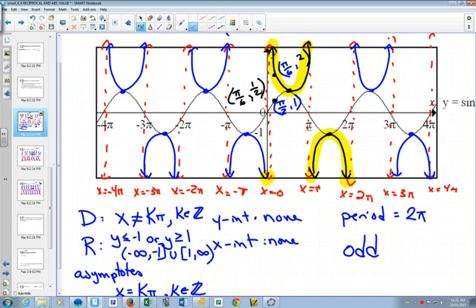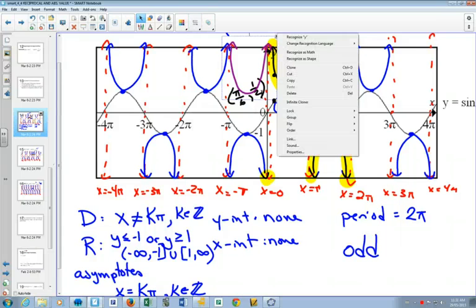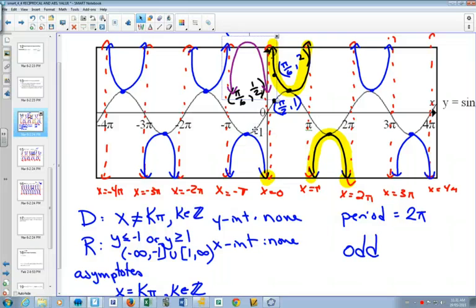If I took this part here and I reflected it over the y-axis, can you see that it would end up over here? And then if I reflected it down, it would end up right there. If I would flip it over both axes, and in fact, if I take this whole right-hand side, flip it over, and then flip it down, it's going to match up perfectly. That's the definition of an odd function.